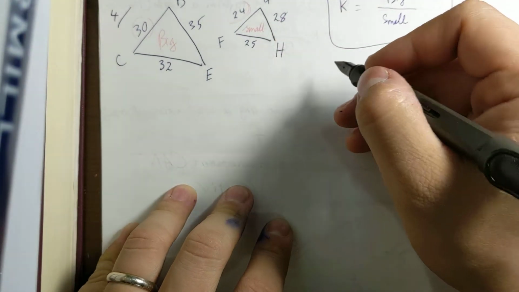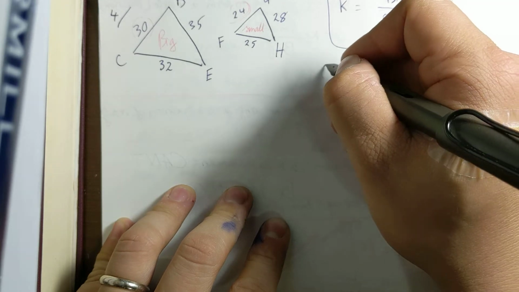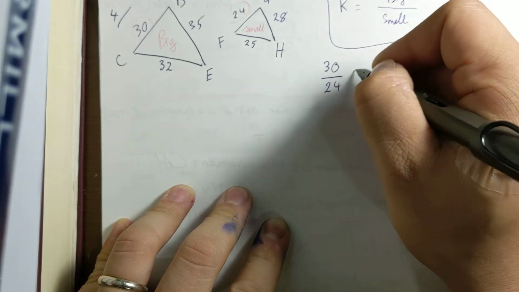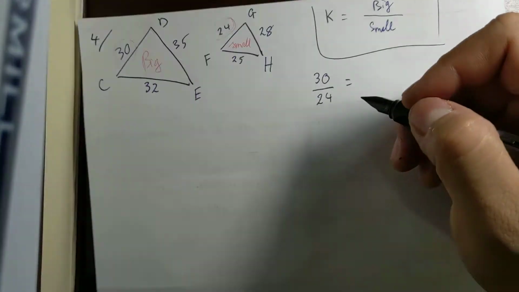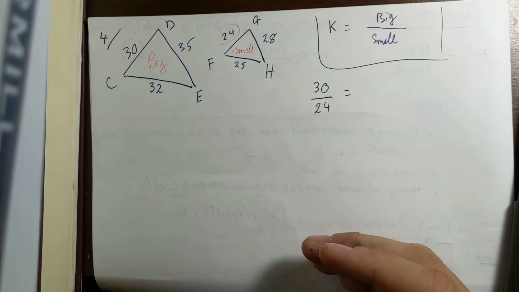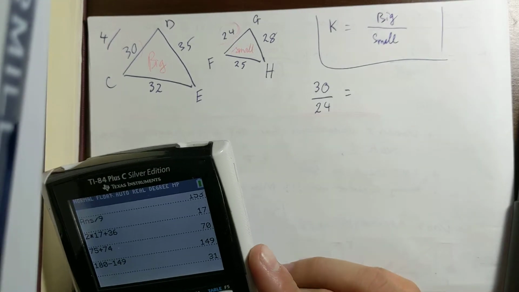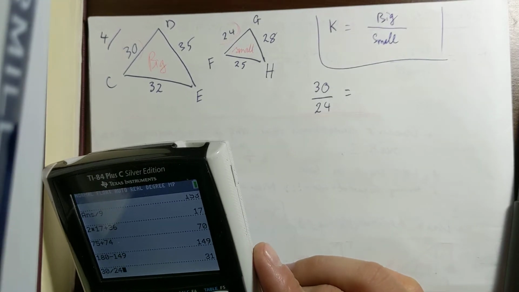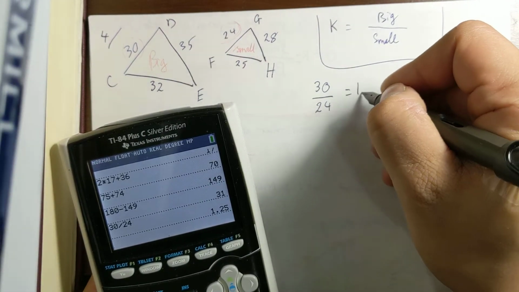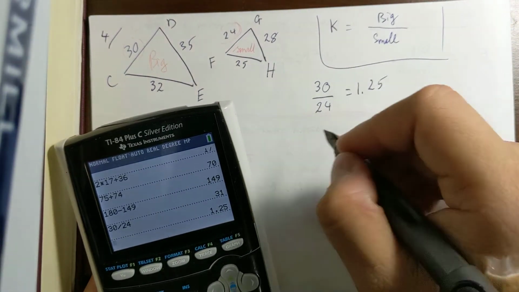So let's see, 30 over 24. Let's use the calculator to simplify that. Or if you don't like to simplify it as a fraction, you can do a decimal. It literally doesn't matter in this case. 30 over 24 will be 1.25.